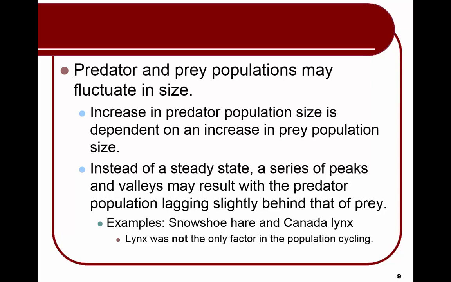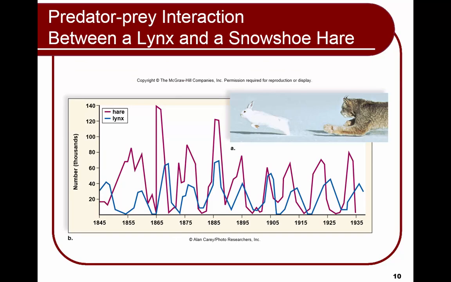But the lynx is not the only factor involved in this. If we look at this graph, you can see the hare is the magenta and the lynx is the blue. So you can see, look at 1865. You had a large hare population, a large prey population.